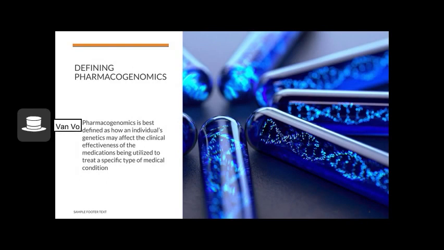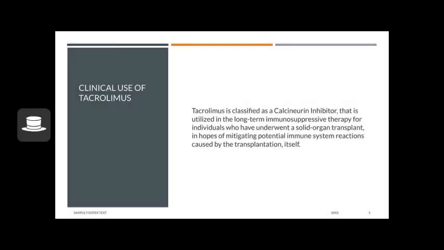So, what is pharmacogenomics? Pharmacogenomics is defined as how an individual's genetics may affect the clinical effectiveness of the medications being utilized to treat a specific type of medical condition. What is tacrolimus for?